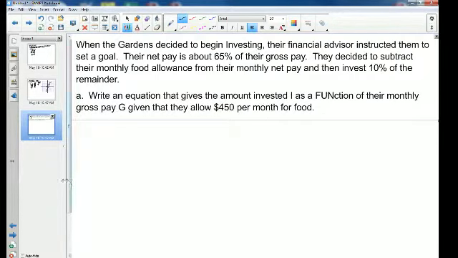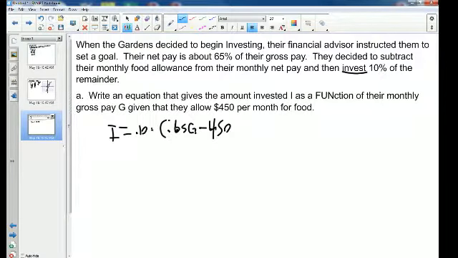So for an equation, all the info is given in the problem. First we're trying to figure out their investment. So it's I equal to the equation we'll use, and since it's 10% of it, it'll be 0.10 times 0.65 of their gross monthly pay, which is then subtracted by 450 for their monthly allowance of food.